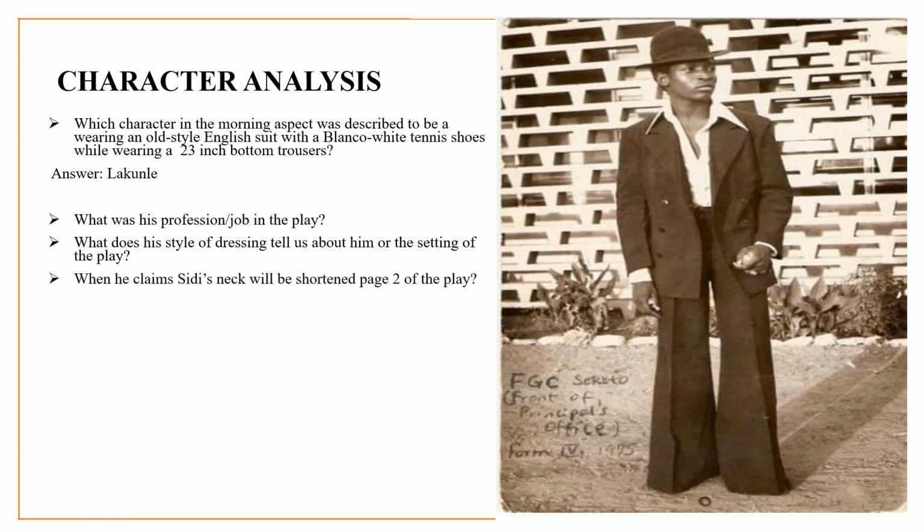When he claims Sidi's neck will be shortened on page 2 of the play, what does that tell us about Lakunle? He claimed that because Sidi carries pots of water on her head, she was going to shorten her neck. Obviously, he was exaggerating. What does his knowledge of the happenings in the city, that is Lagos, tell us about him?